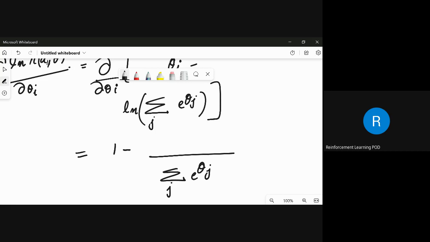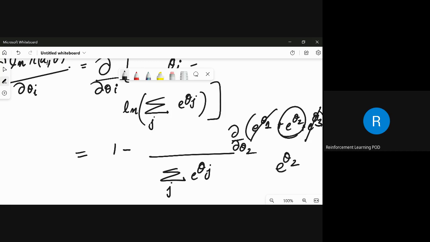Anyone? See, there could be e raised power theta 1, plus e raised power theta 2, plus e raised power theta 3, right? And let's say I am just differentiating with respect to theta 2. Then these quantities will go away. This quantity will also become 0. Only this quantity will remain. It will become like theta 2 only. Is that correct?